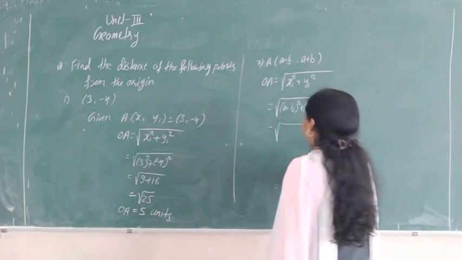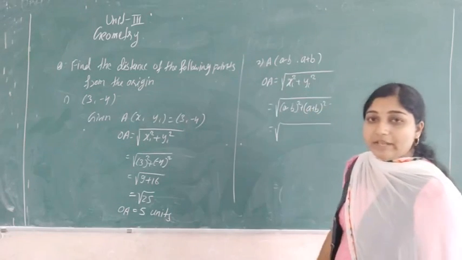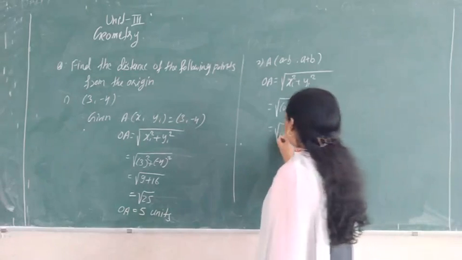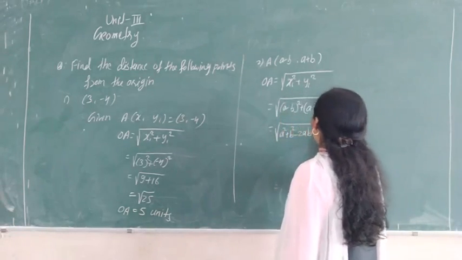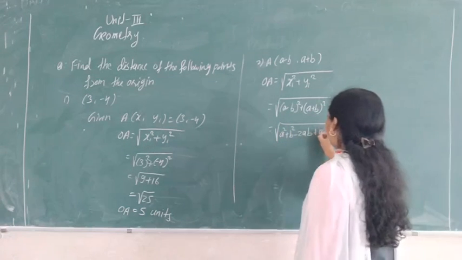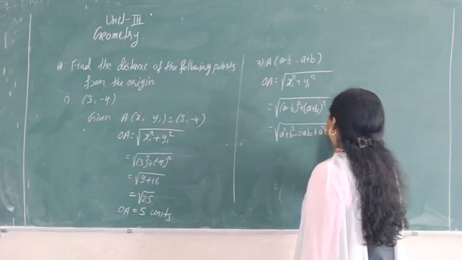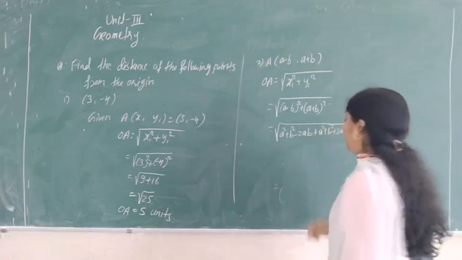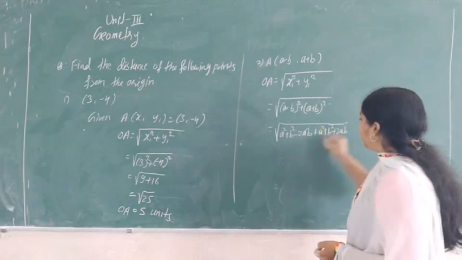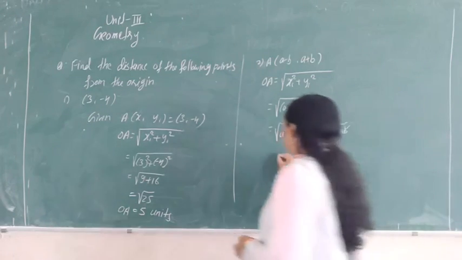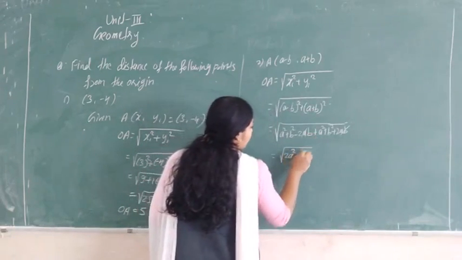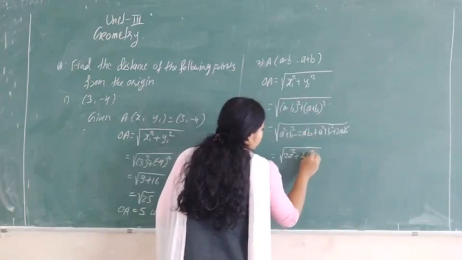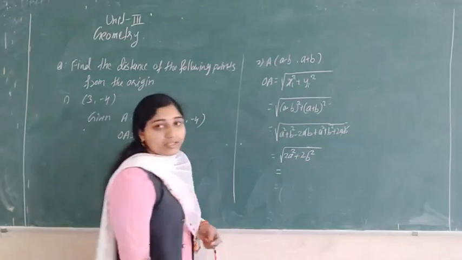So we can expand this using (a minus b) whole square and (a plus b) whole square. Now if you see here, minus 2ab and plus 2ab get cancelled. So we remain with a square plus a square, which is 2a square, and b square plus b square, which is 2b square.